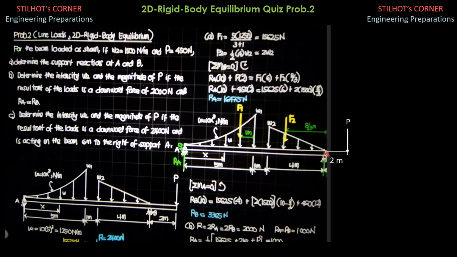We sum up moments about the right support B equals 0. So we have RA times 10. By the way, F1 is 1,562.5 newtons. This distance is 1 meter. The formula applies because the tangent to this end is 30x squared, the derivative of this, and when x is 0, the slope of the tangent line is 0, so we can apply the formula right away.